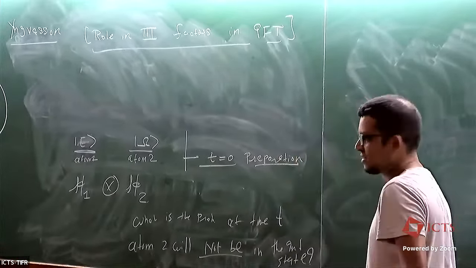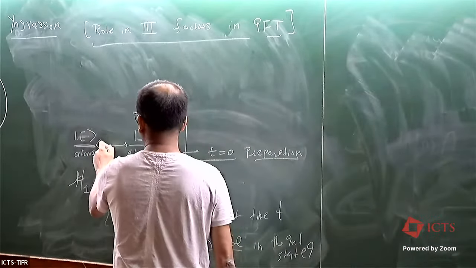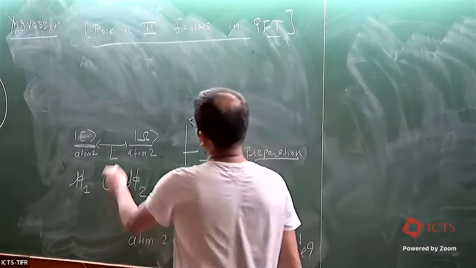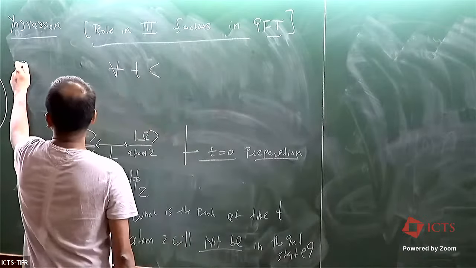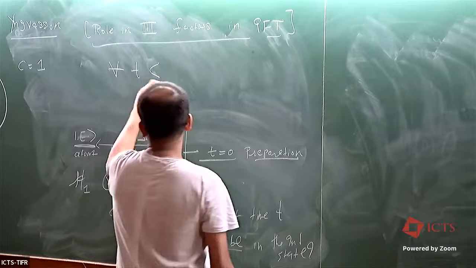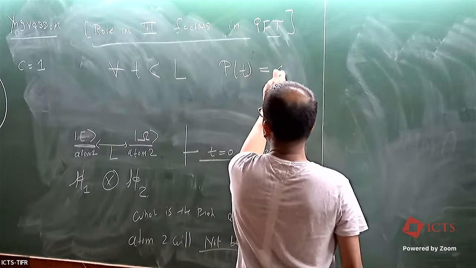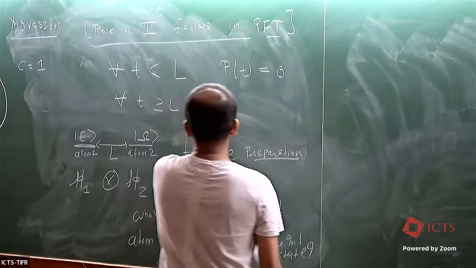Suppose we ask this question, and let's say that the spatial separation between these two in our frame is L. Then of course, using c equal to 1, for all t less than L, this probability will be 0. But for all t greater than or equal to L, it won't be 0.